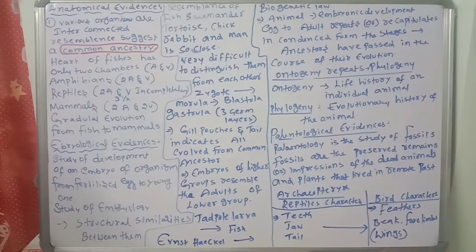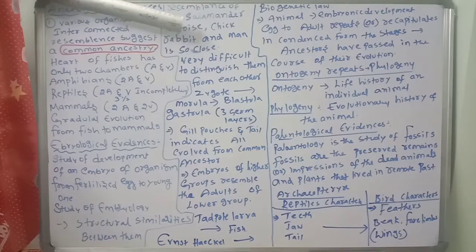For example, early embryos of all vertebrates resemble in the same shape and structure. Early embryos of vertebrates show similar characters.